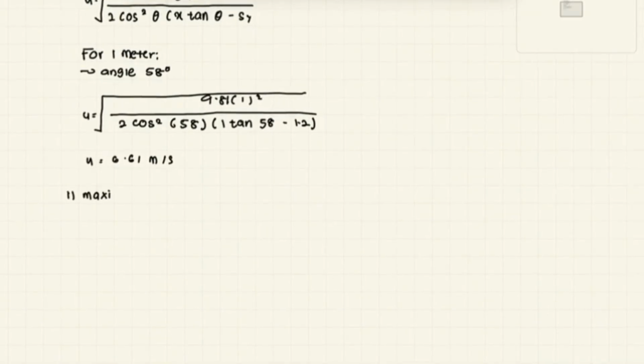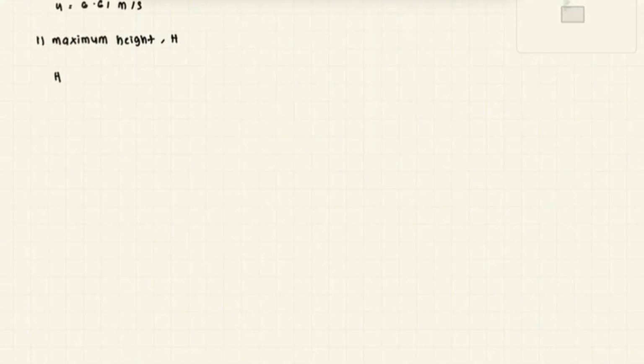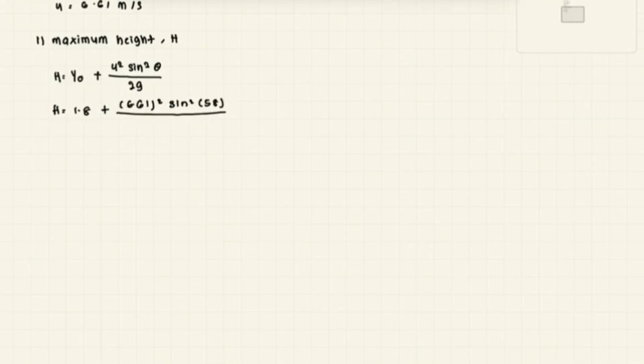Then, we calculate the maximum height reached by the ball, which is H. And this is the full calculation. The final answer is H equals 3.40 meters.